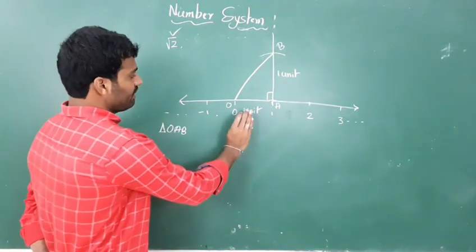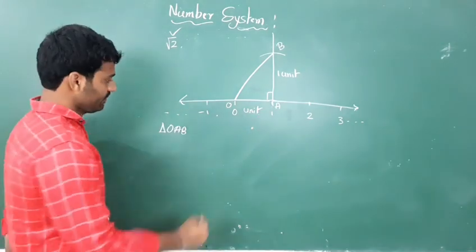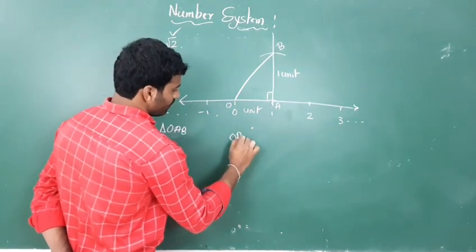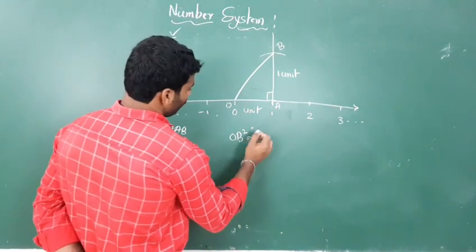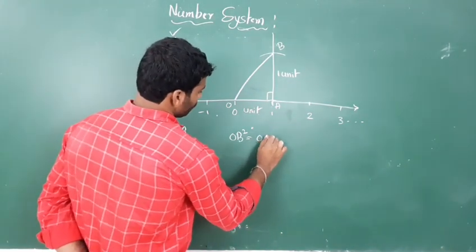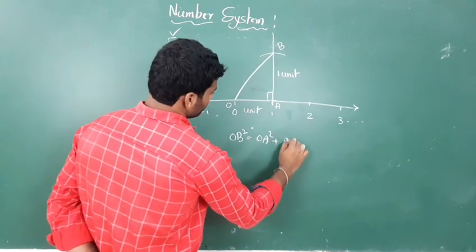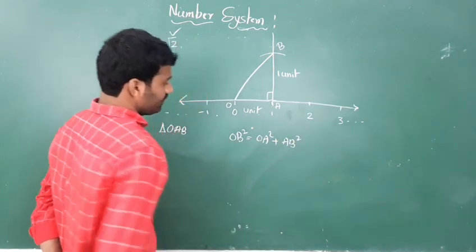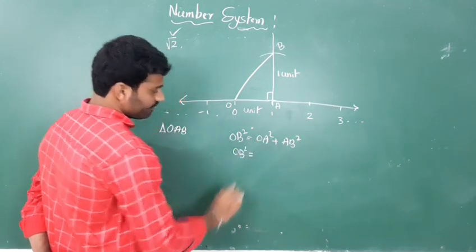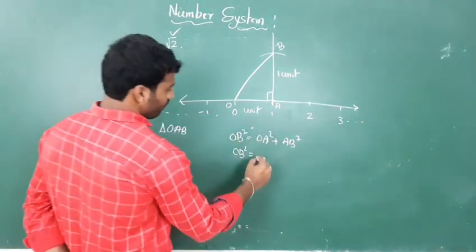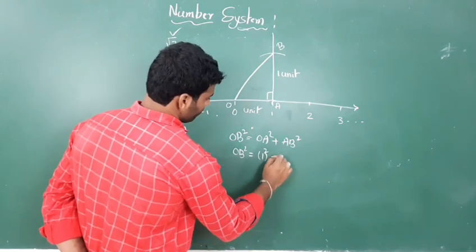For now you leave the units. So Pythagoras theorem, if you apply to this triangle, what you can write? OB square is equal to OA square plus AB square. OB square we don't know, write as it is. OA square, 1 unit, so 1 square.